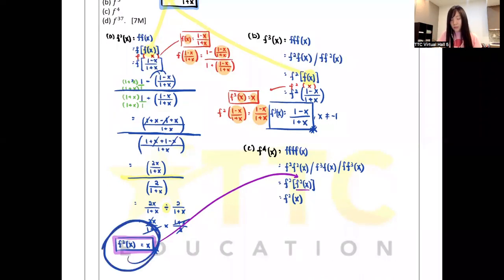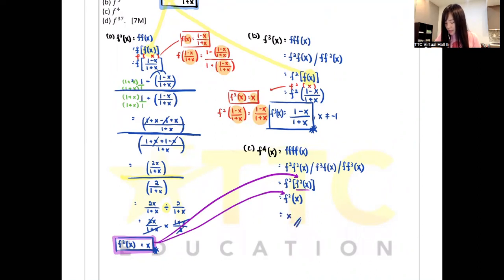Because you see, f square x is x. So suddenly this f square x straight away just becomes x, correct? Then continue, another f square x, this another f square x, again, is just x. Whoa, I got it without doing anything. Isn't it my f power 4 x answer is just x? Can you guys see that? So whenever they ask you a lot of them, the working is always like that.